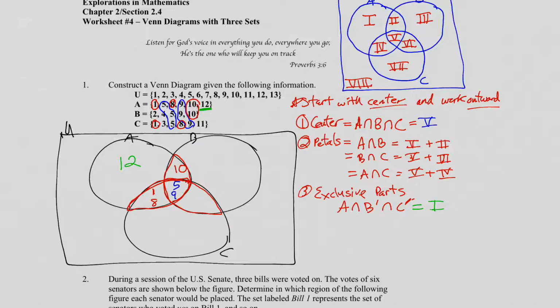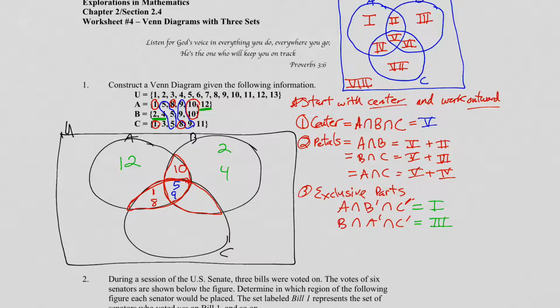Now we go to the next one. What's exclusive to B? So it's in B, not in A, and not in C. And that is region 3. If you go to B, B has 2 numbers that no one else shared with it, so 2 and 4 will go up here.